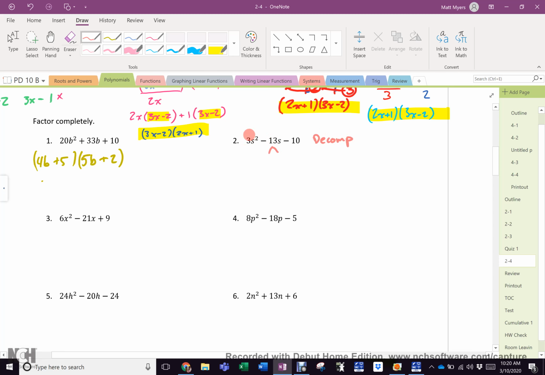But it's 3, so I got to do times 3. So what do I need to multiply to? What kind of 30? Negative 30. And what do I have to add to? Negative 13. Now you're all going to say 10 and 3, but of course it's not. What is it?